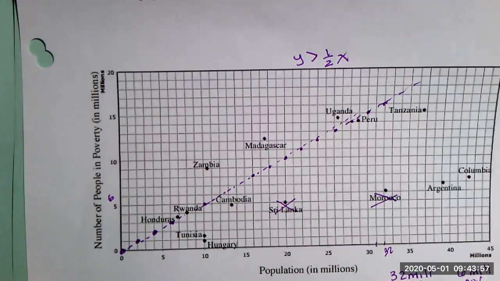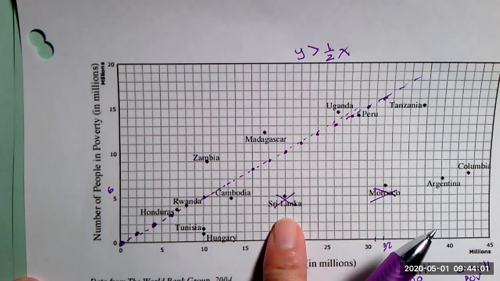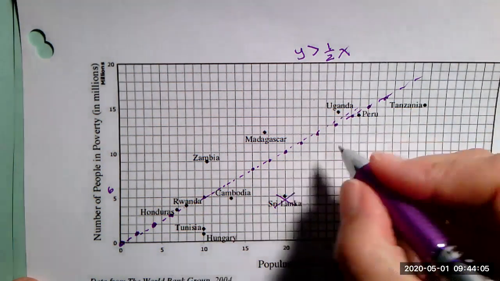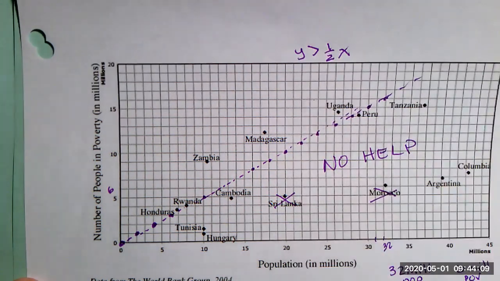So now the question is, if we've already decided that Morocco wasn't going to get help, neither is Sri Lanka, what does that tell you about everything on this side? These are the people who get no help. So looking at that, which countries do you think will get help? All right, let's go back to one country in particular, Rwanda.